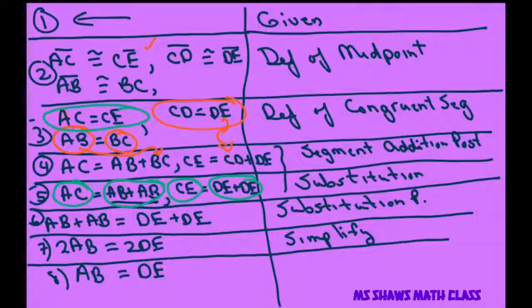And that's your division property of equality. And basically all I did is I took these two and divided both sides by 2. If you divide both sides by 2, you get AB equals DE. And that's it. Thank you. Have a nice day.